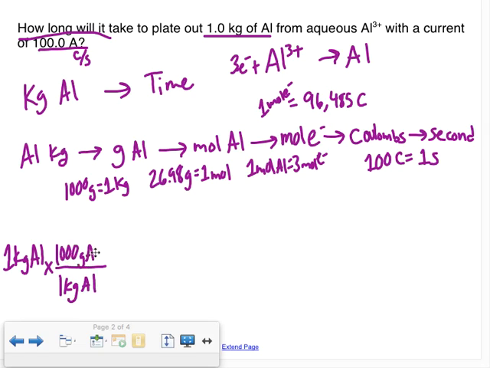Next step is grams of aluminum to moles of aluminum. I know that 26.98 grams aluminum is equal to 1 mole aluminum. Next step, moles of aluminum to moles of electrons, and I figured out that every mole of aluminum needs 3 moles of electrons.